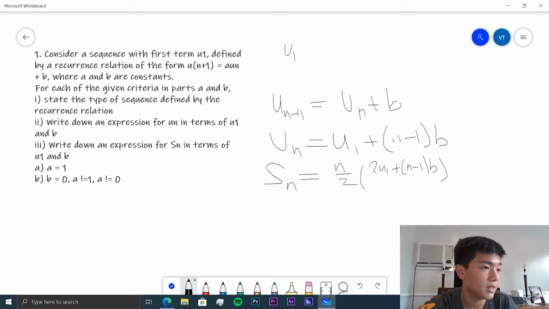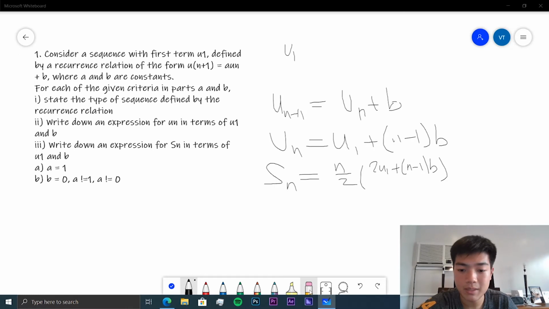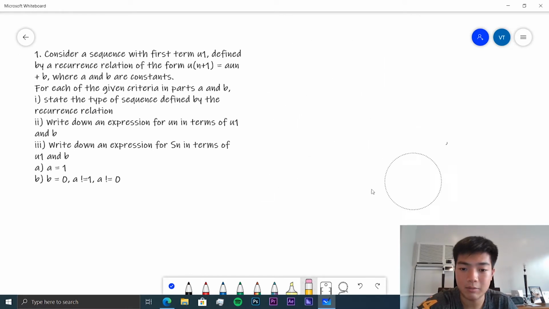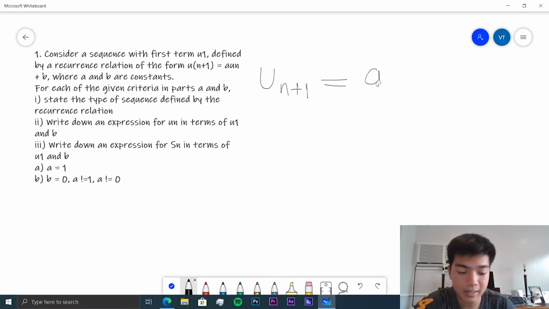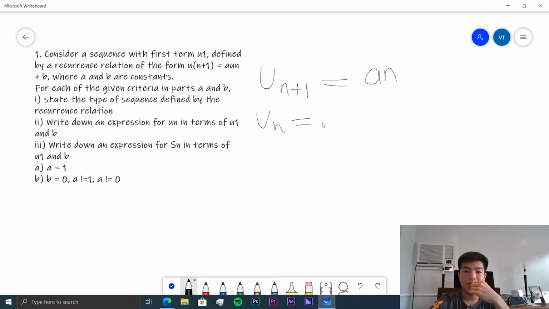Nice. So next question is when b is equal to 0, and a is not equal to 1 and not equal to 0. So we have the next term is equal to a times un. Interesting. So this is a geometric sequence, and therefore un would be equal to u1 times a to the n minus 1.